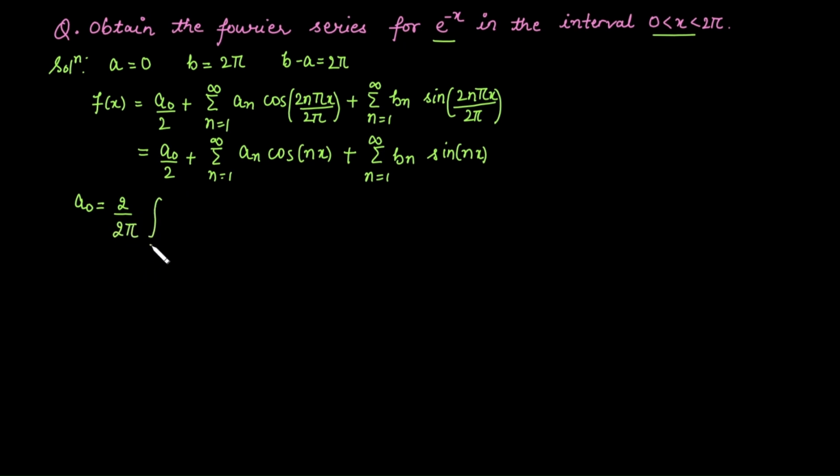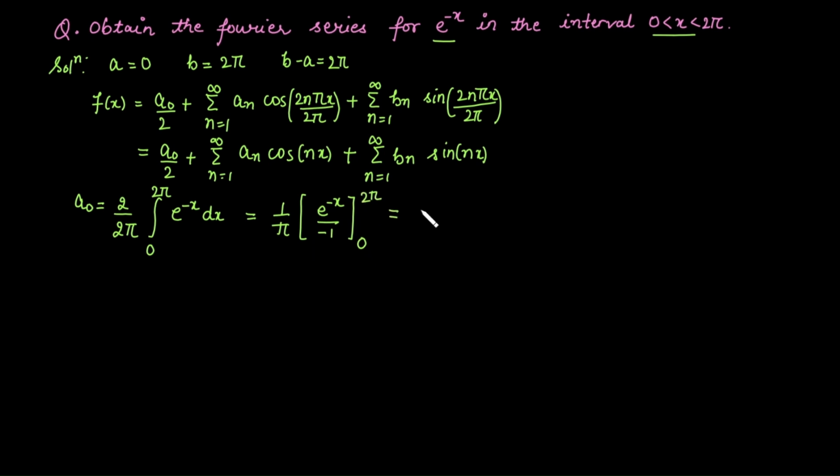integration from a to b, that is 0 to 2 pi, of the function e raised to power minus x with respect to x. This is equal to 1 upon pi, integration of e raised to power minus x is e raised to power minus x divided by the coefficient of x, that is minus 1, limits are 0 to 2 pi.